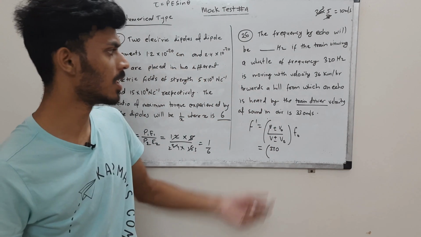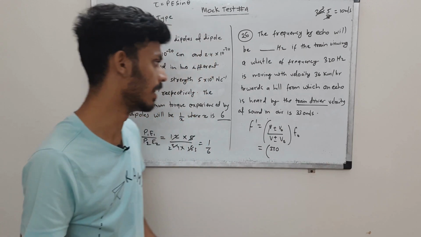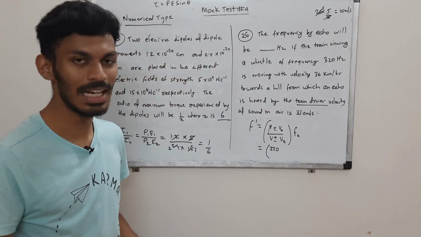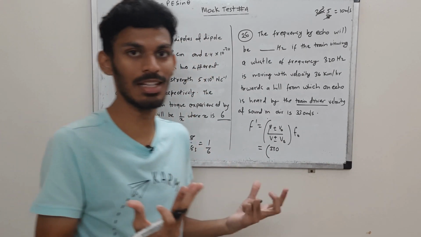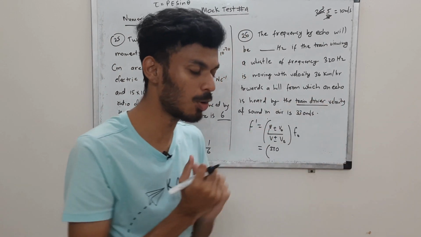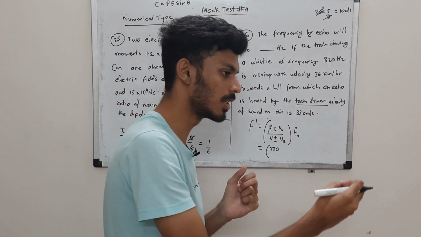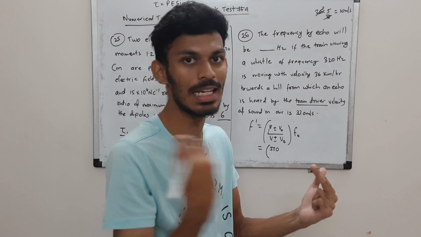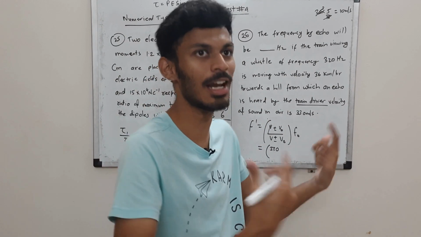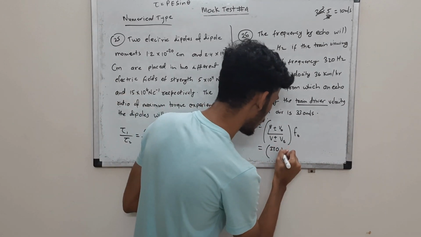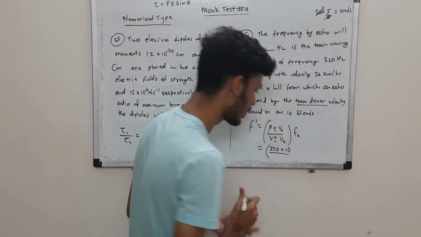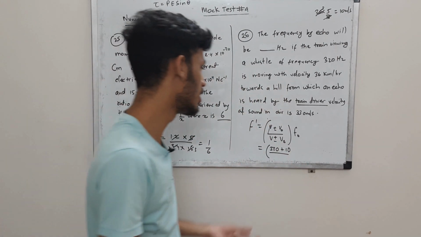Now, the observer is moving towards the hill, right? So what will he do? He will try to increase the frequency. He's trying to hear the echo, he's moving towards the hill, so more waves will reach him in a unit time. So plus 10, he will increase the numerator.